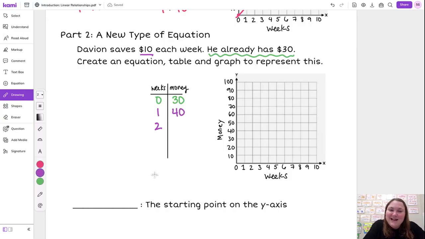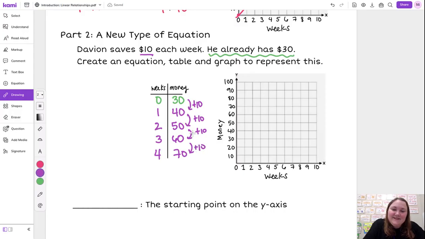After 2 weeks, what happens? Well, another week passes, he saves another $10, so he's adding $10 to his total money. He has $50. What do you think week 3 and week 4 will be? Week 3, $60, week 4, $70, because he is adding $10 each week, again and again and again.